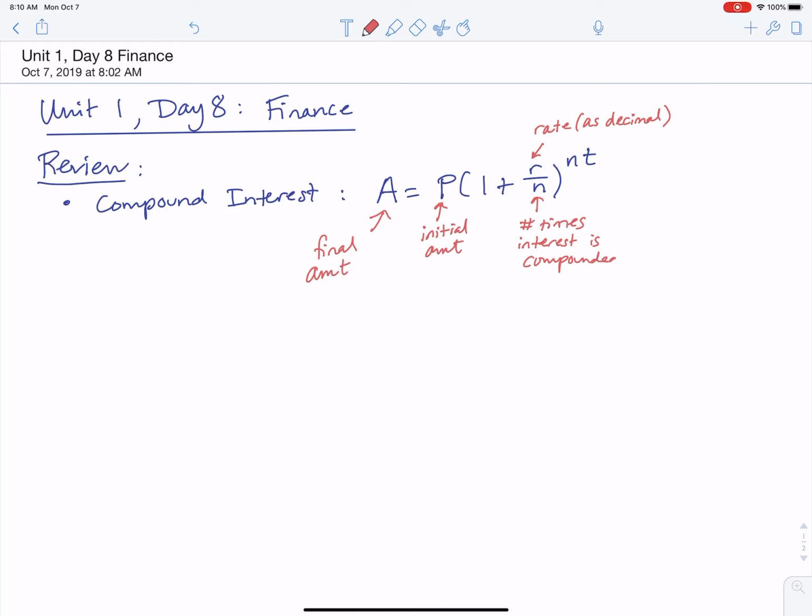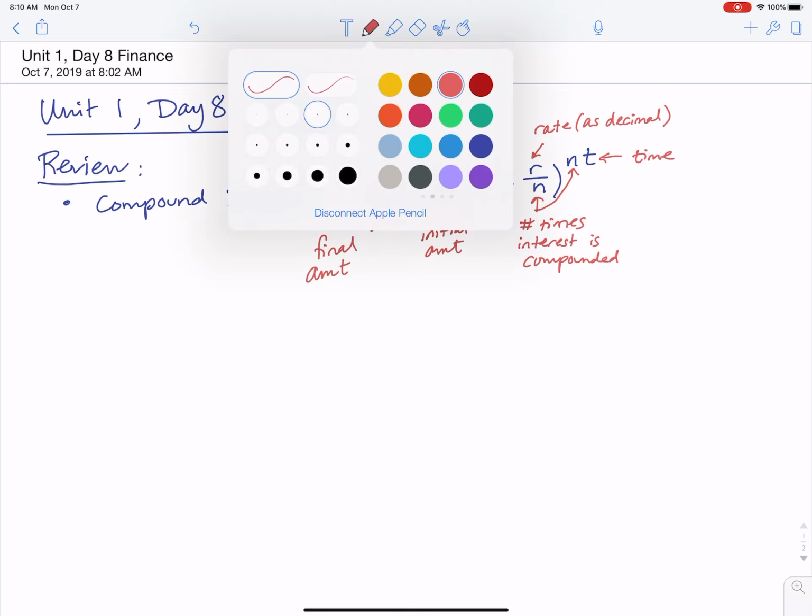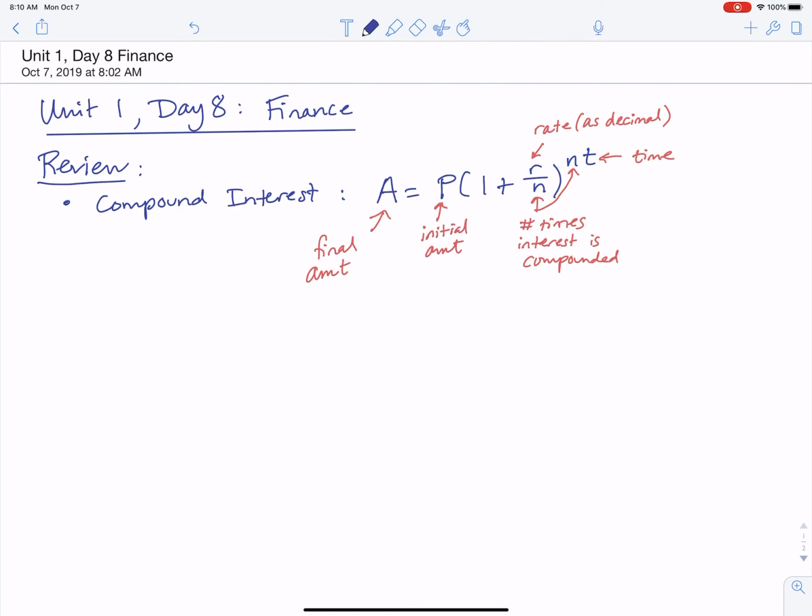So this will be a number like monthly, quarterly, weekly, semi-annually, something like that. So if it's monthly, then N would be 12, for example. So these two numbers are going to match. And then the last value is T for time. All right, so that should look familiar to you because you did that last year.